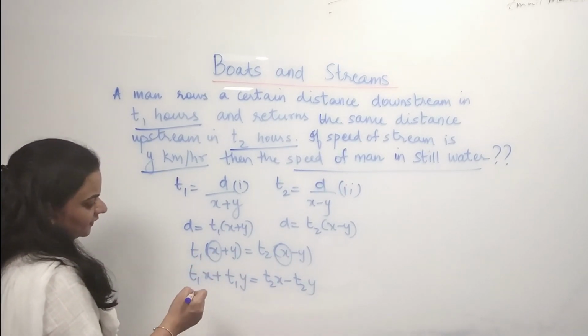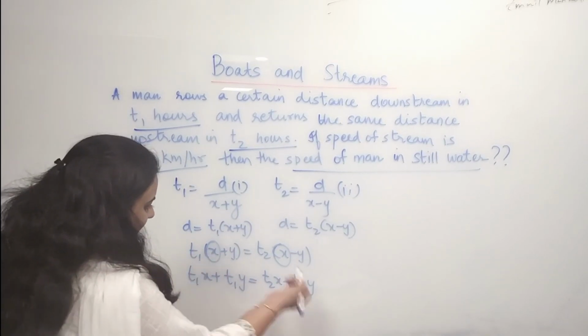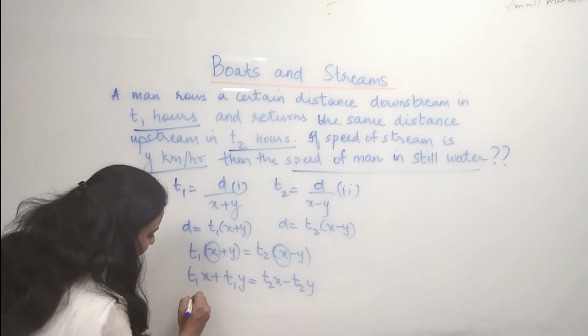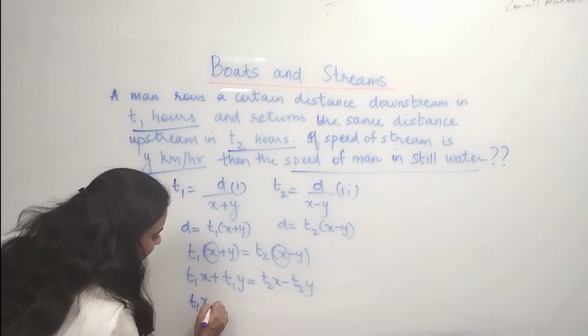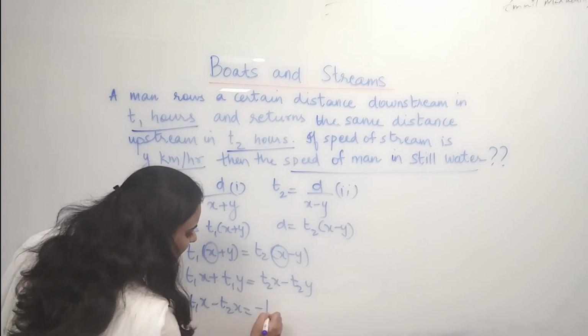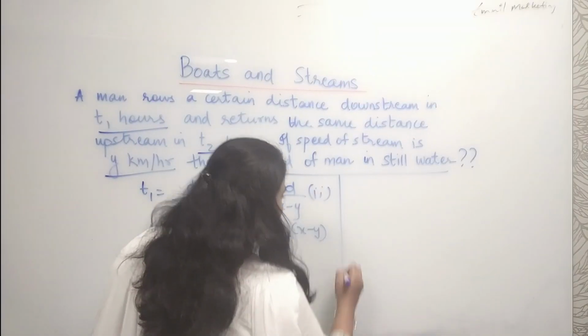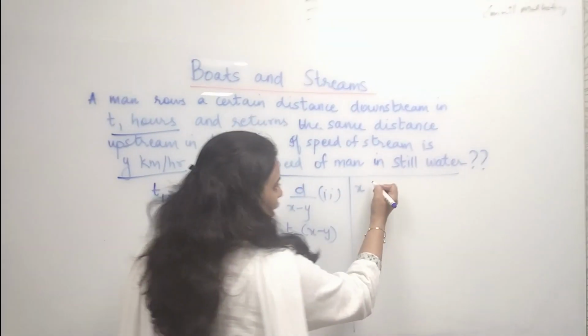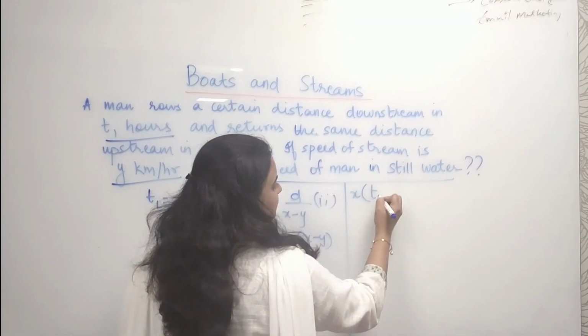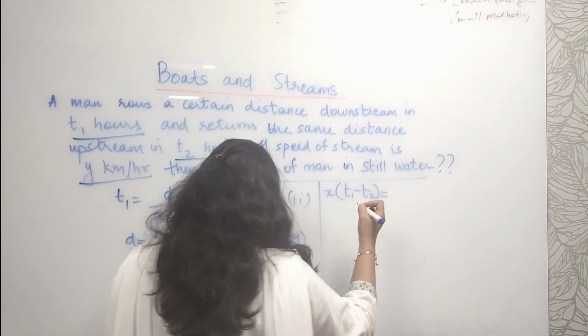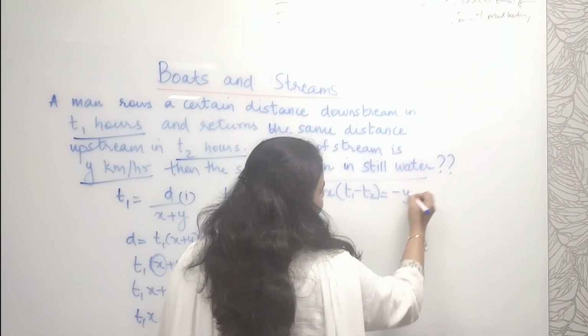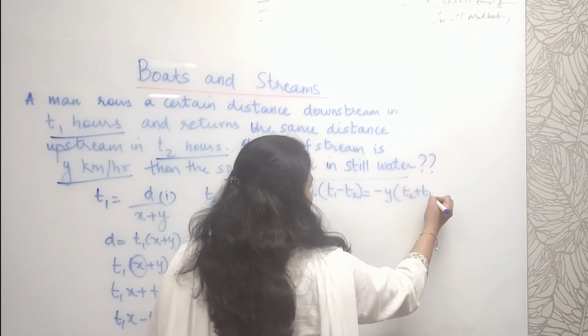Bringing all the like terms, that is the terms containing x to one side and y to the other side, we get t1x minus t2x is equal to minus t2y minus t1y. Taking x common, we get x(t1 minus t2) is equal to minus y(t2 plus t1).